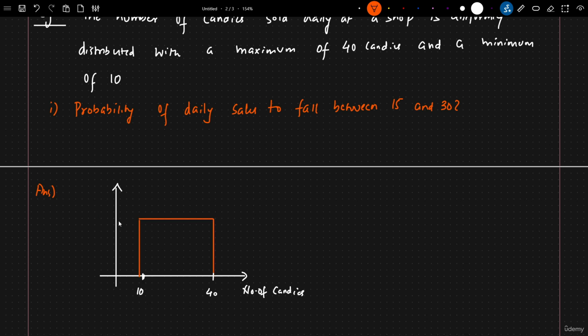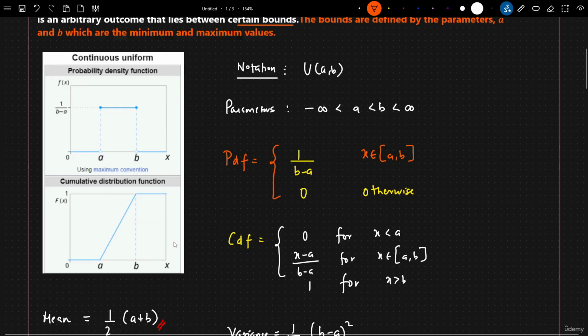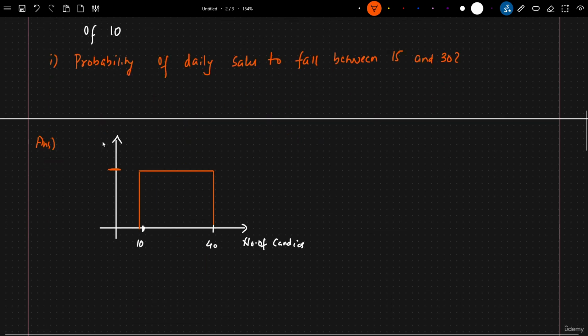The reason I'm drawing till here is that, according to the PDF, if my values range between 10 and 40, then it should be 1 divided by (b minus a). So 1 divided by (b minus a) is 1 divided by (40 minus 10), which is 1 by 30, right?